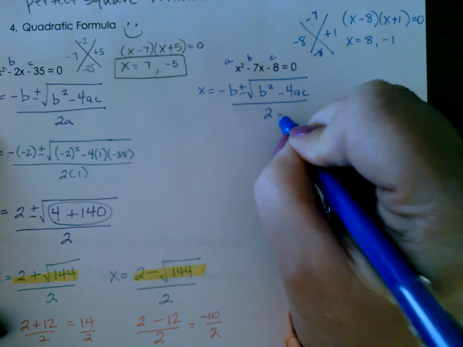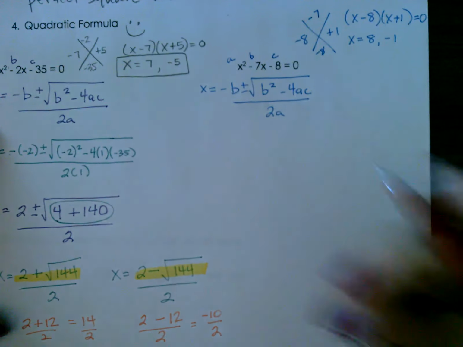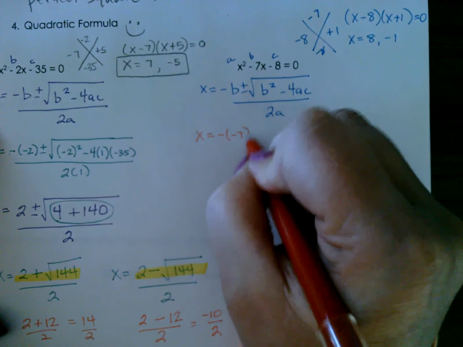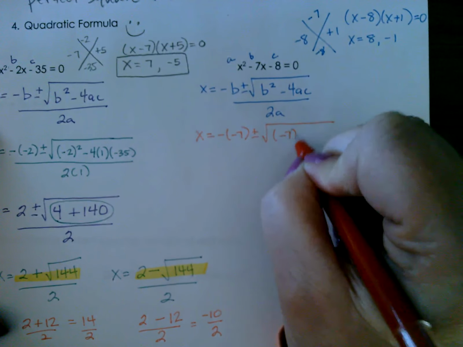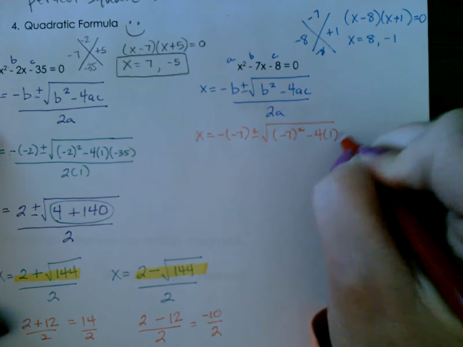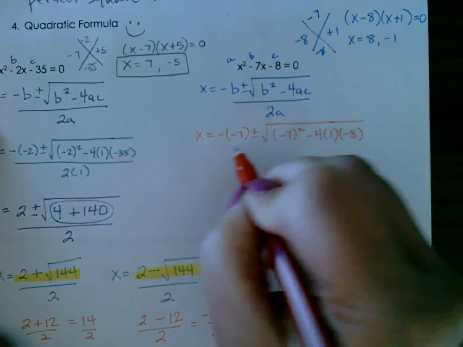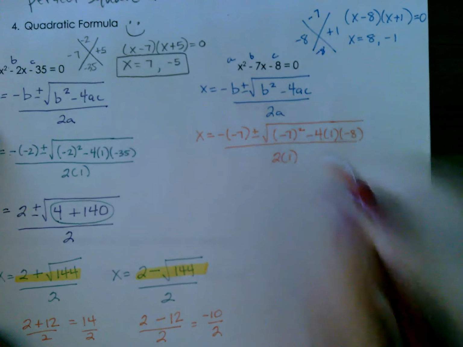I'm hoping that song video helped. So being very careful as I go, x equals the opposite of b, plus or minus, the square root of b squared minus 4ac, being very careful with all my negative signs, all divided by 2a.